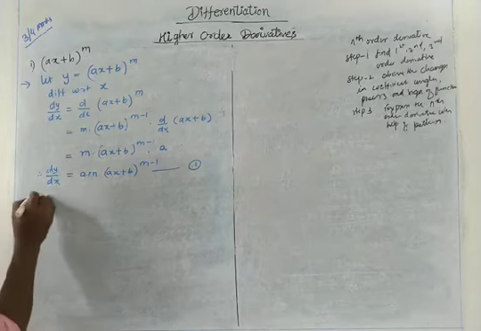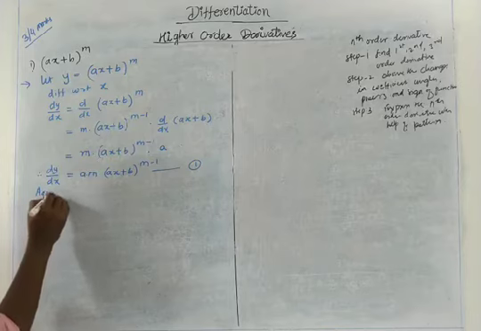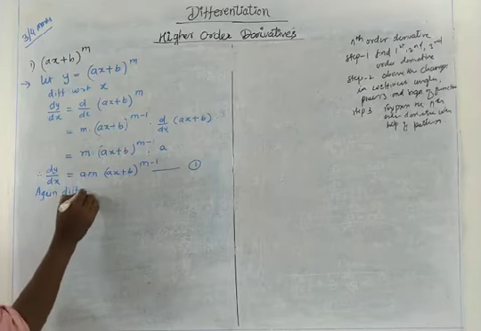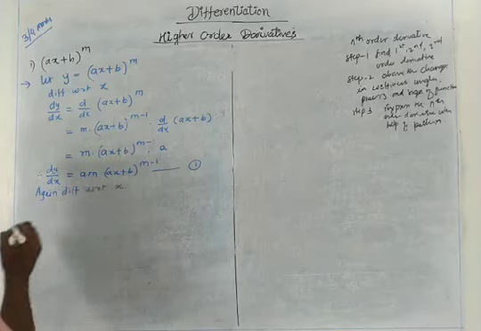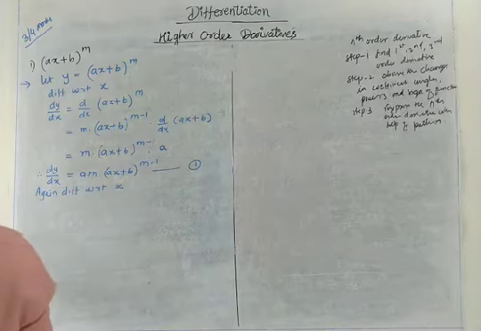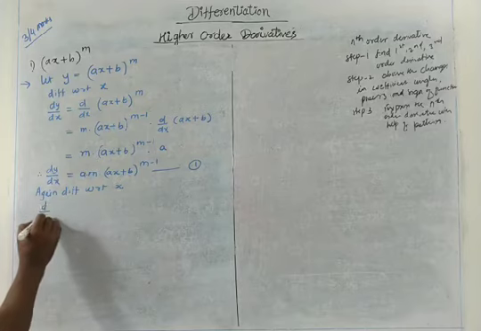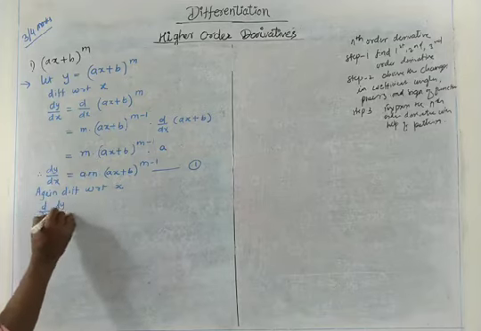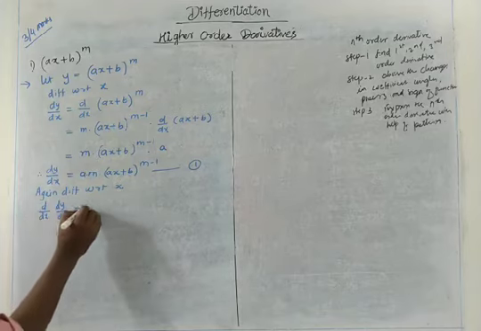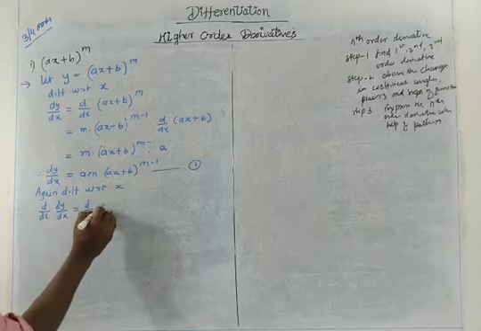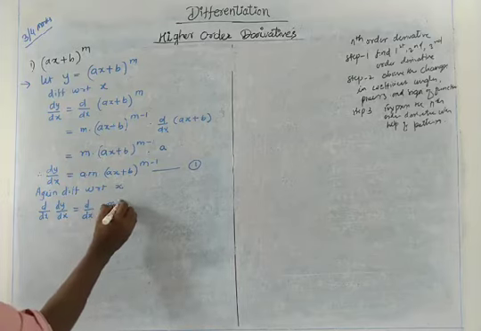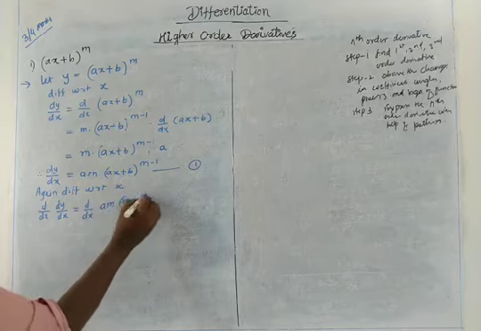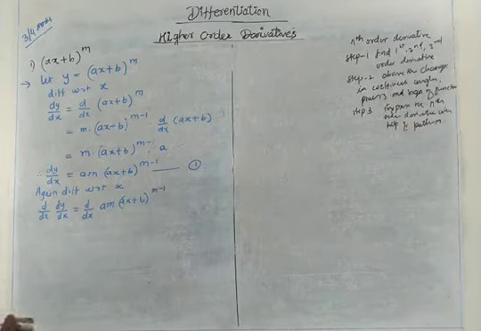Okay, now again differentiate with respect to x. So what will happen? d/dx of dy/dx is equal to d/dx of a into m (ax + b) raised to m minus 1.